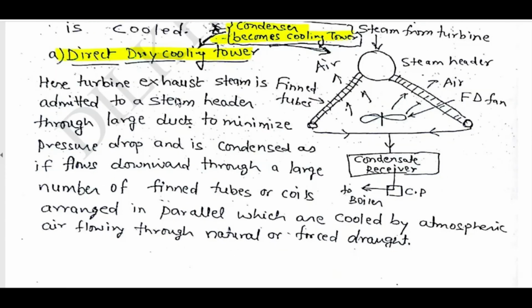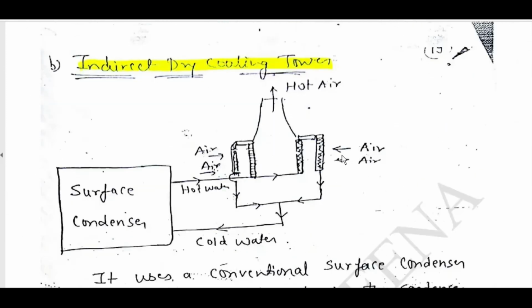Here, turbine exhaust steam is admitted to a steam header through large ducts to minimize pressure drop and is condensed as it flows downward through a large number of finned tubes or coils arranged in parallel, which are cooled by atmospheric air flowing through natural or forced draught.